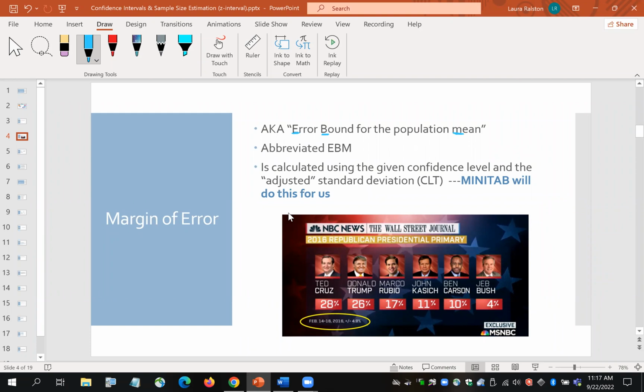And the adjusted standard deviation, meaning we've applied the central limit theorem, because we're going to be looking at a group of items instead of a single individual item. Now, Minitab is going to calculate the error bound for us. We have to do a little bit of calculation ourselves by hand, but for the most part, Minitab is going to calculate it for us. You don't have to calculate that margin of error or error bound for the population mean by hand.